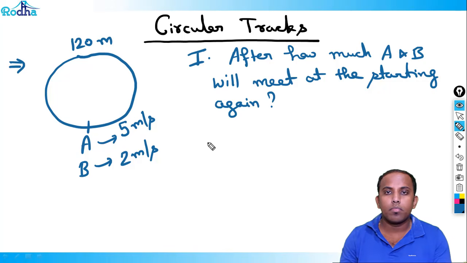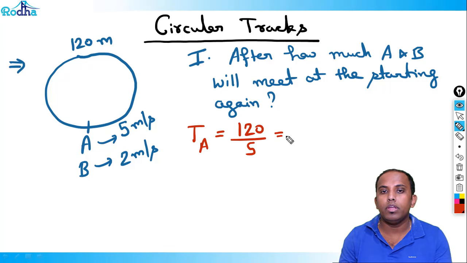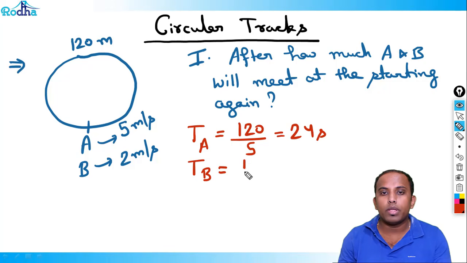What we'll observe here is the time taken by A to reach the starting point. A has to cover 120 meters at the speed of 5 meters per second. So 120 by 5, the answer would be 24 seconds. And the time taken by B to reach the starting point is 120 by 2, right? Distance is 120 meters, speed is 2 meters per second. So B will take 60 seconds.